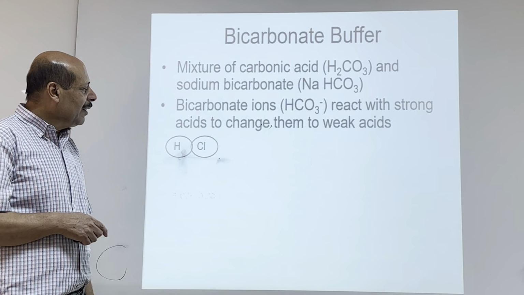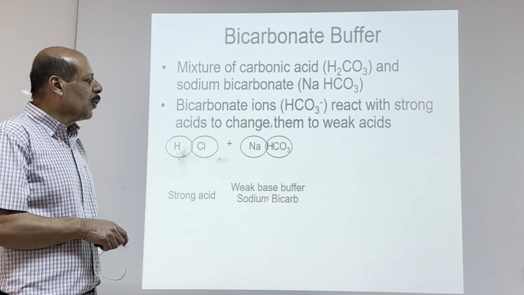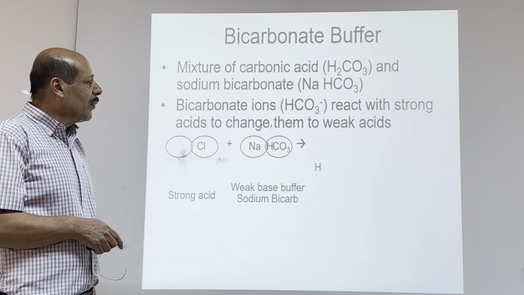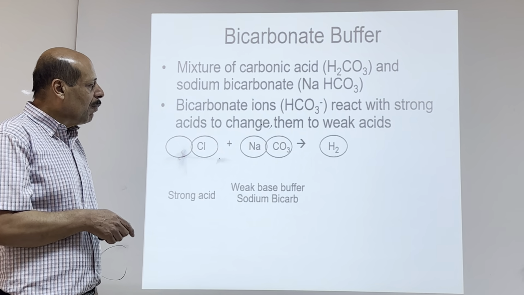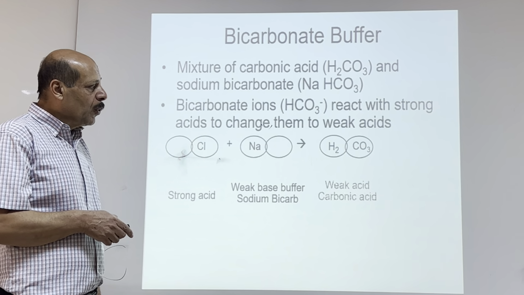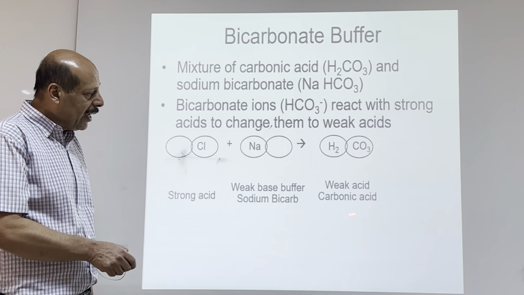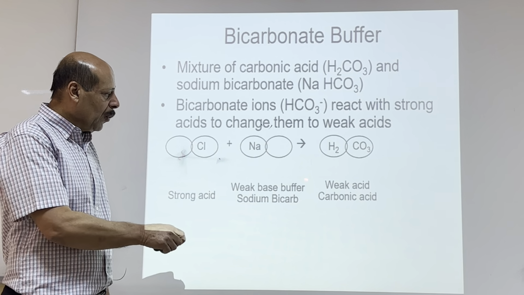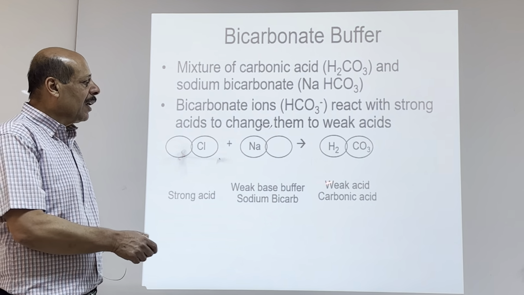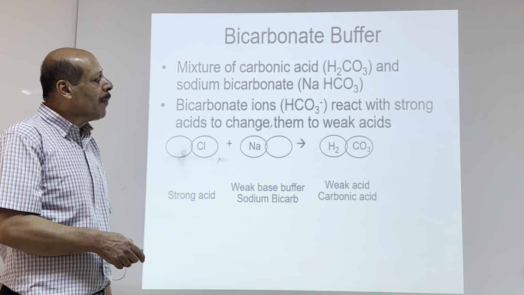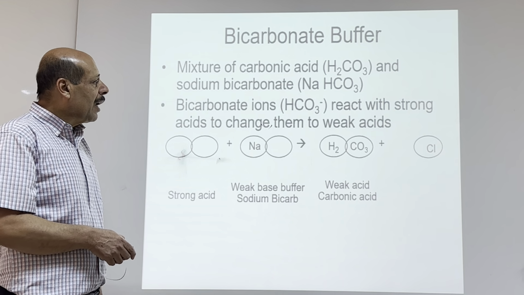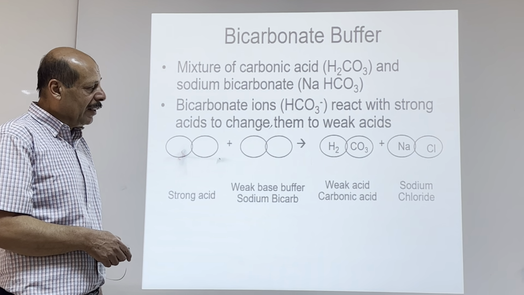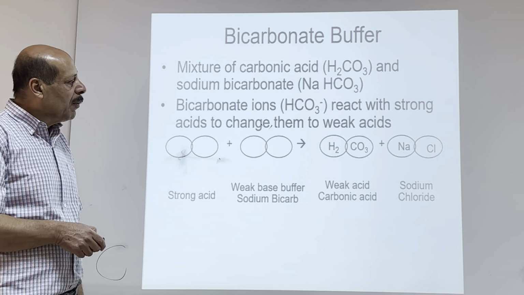HCl, which is a strong acid, plus sodium bicarbonate, which is a weak base in the buffer solution, will give H2CO3, the carbonic acid, which is a weak acid, plus sodium chloride.